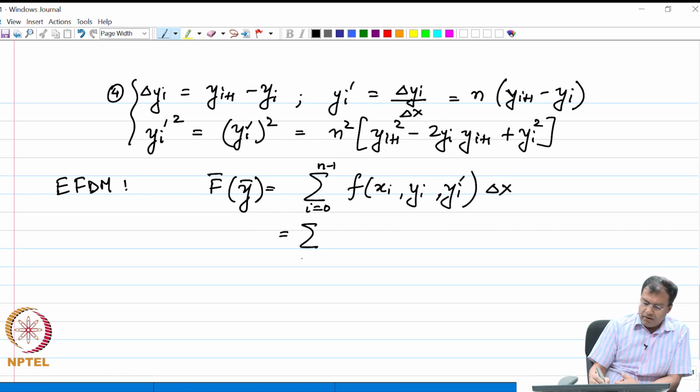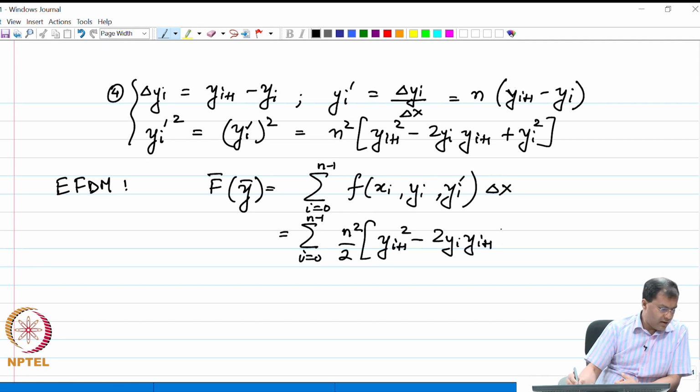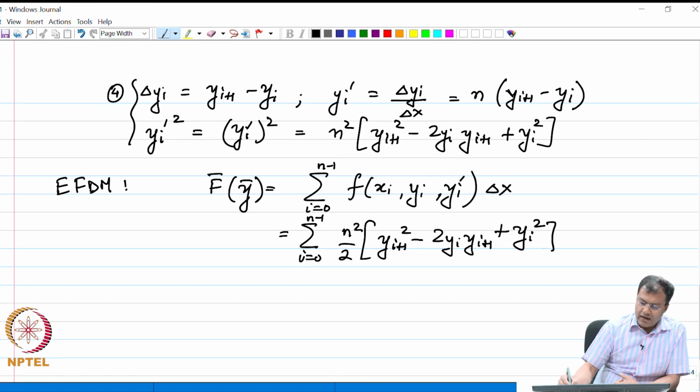From the problem, we see that this is also equal to the sum from i equals 0 to n minus 1 of n square by 2 times yi plus 1 square minus 2 yi plus 1 yi plus yi square, and then the rest of the terms are plus yi square by 2 minus yi, times delta x.